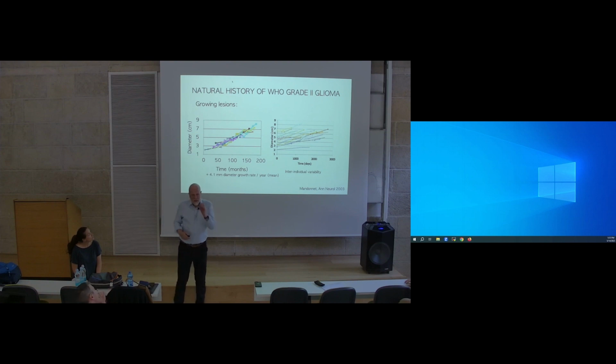And the point is that when we do surgery for the patient at point 0 here, and the patient would have a very slow growing tumor, 1 millimeter per year, he would have also a very slow decline of his neurological functions. So this time here would be completely without any clinical deterioration.